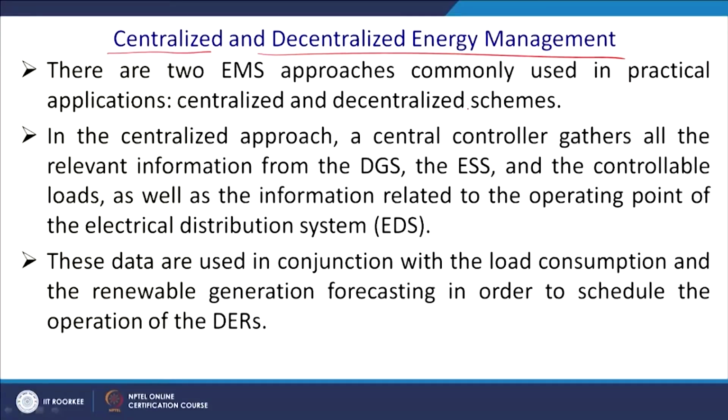In the centralized approach, a central controller gathers all the relevant information from DGs, DSS and the controllable loads, as well as information related to the operating point of the electrical distribution system, or EDS. These data are used in conjunction with load consumption and renewable generation forecasting in order to schedule the operation of the DES.